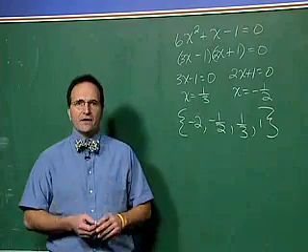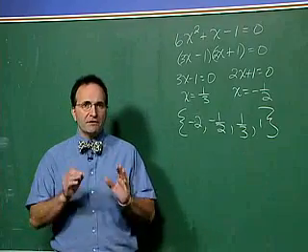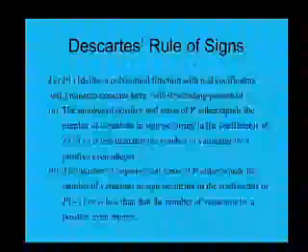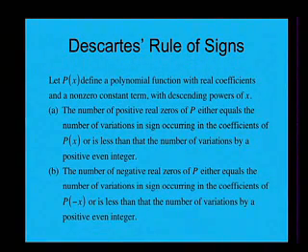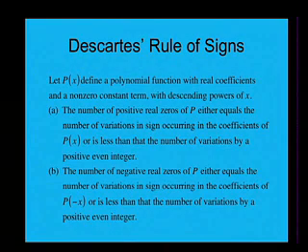Now there's another theorem that will aid us in finding the real zeros of a function, and it's called Descartes' rule of signs. And it tells us, let p of x define a polynomial function with real coefficients and a non-zero constant term with descending powers of x.